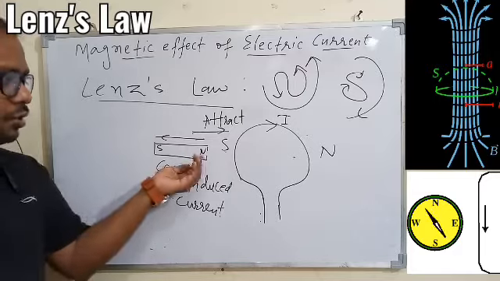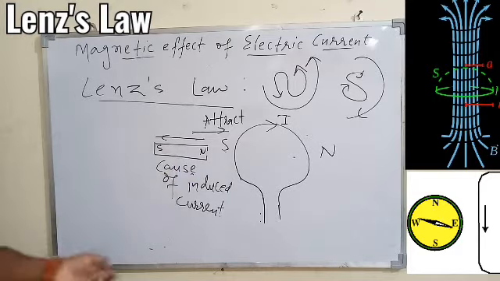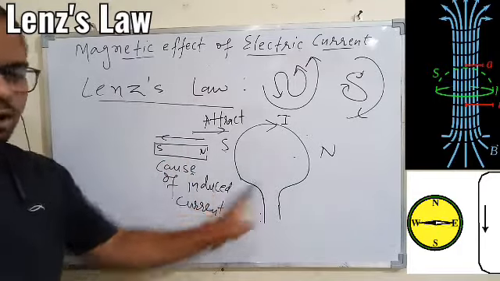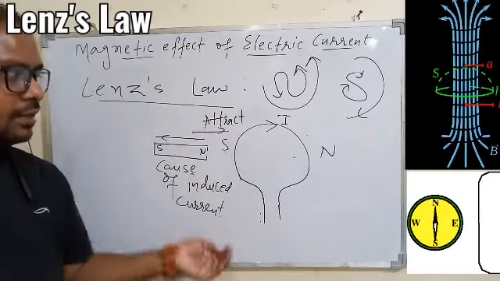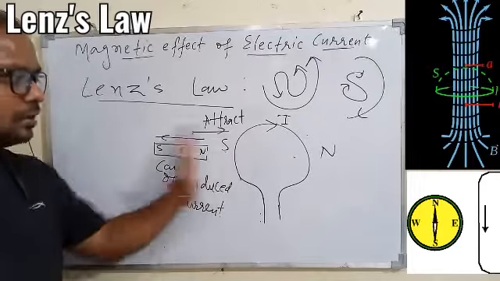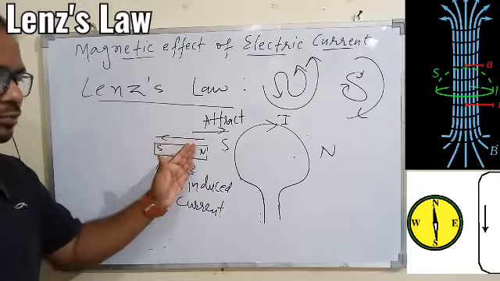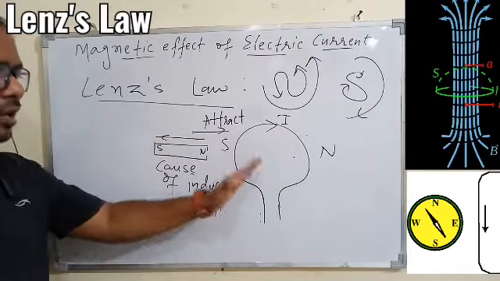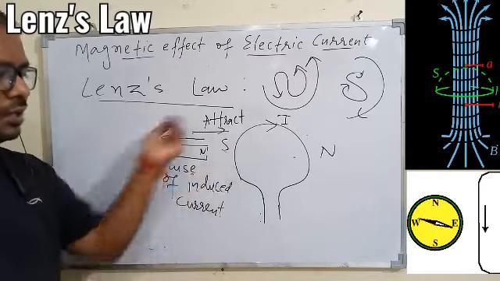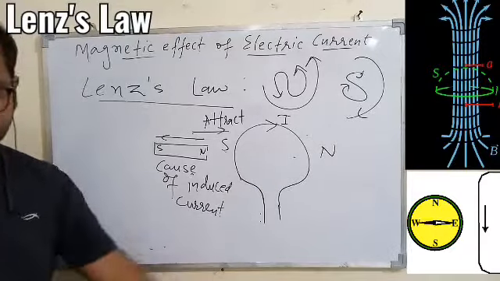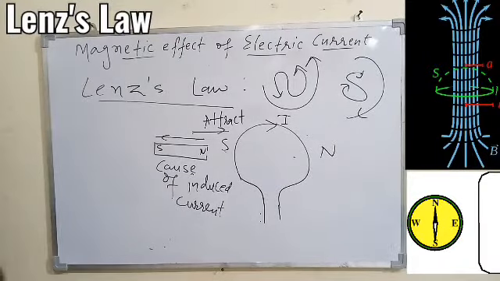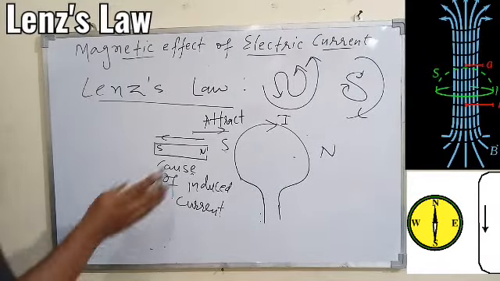So if the north pole is moving away from the coil, the current will be clockwise. If the north pole is moving towards the coil, the current will be anti-clockwise. If you move the magnet to and fro, with the north pole coming towards the coil and away from the coil, you will see in the galvanometer the current is anti-clockwise and clockwise. That is how, with the help of this law, we can understand.